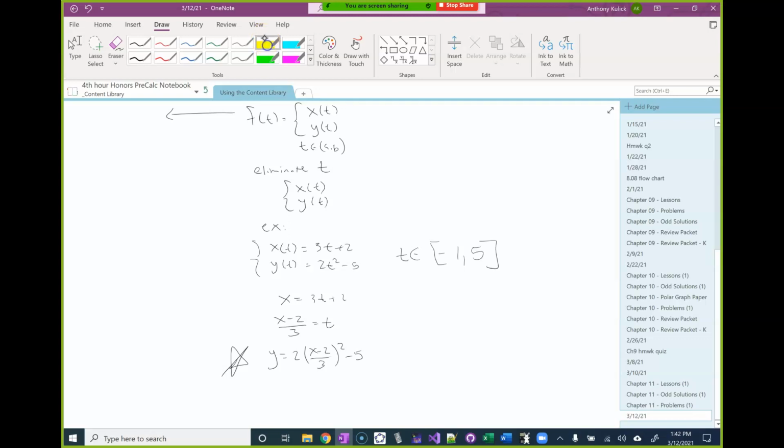So the domain is going to come from my x function. So if I look at that x function, what kind of function is that? 3t plus 2. It's a linear function, right?